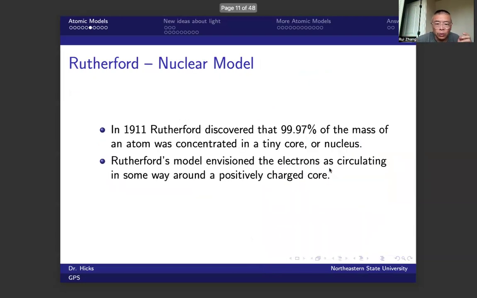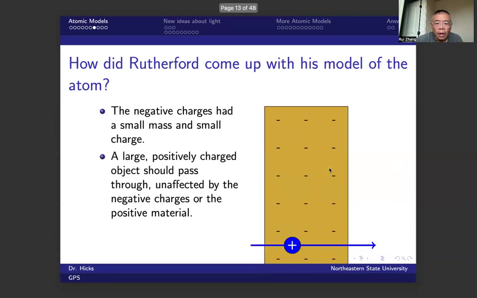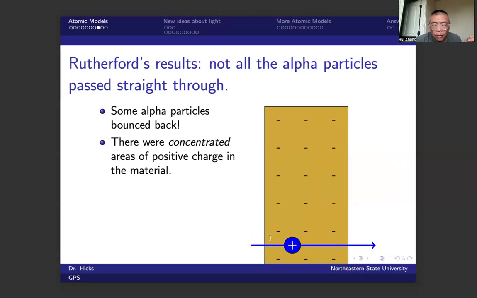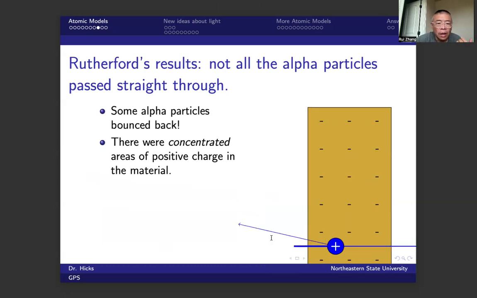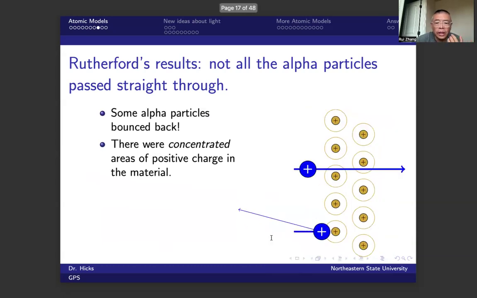So there you would expect that when you shoot the beam of particles, they will be mostly reflected by the filament. However, that's not what he observed. What he observed was that most of the particles go through the filament as if there's nothing in there, almost like empty space.